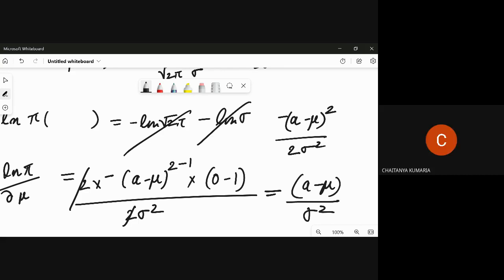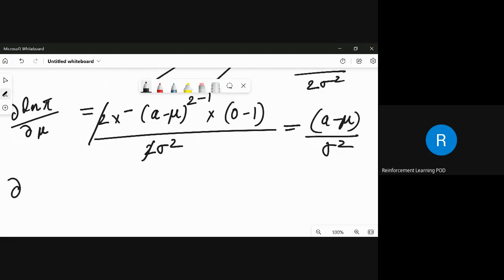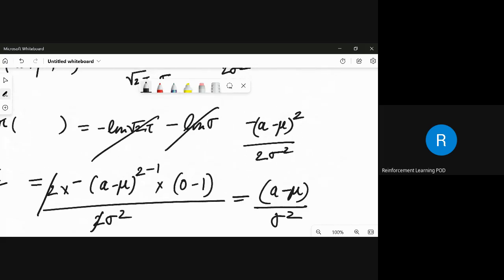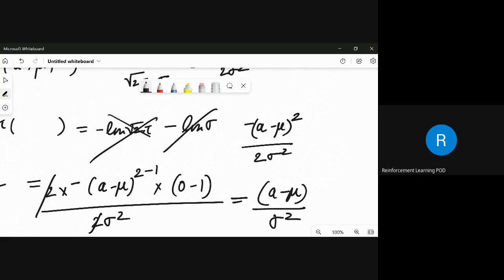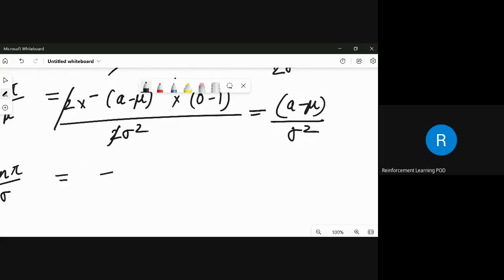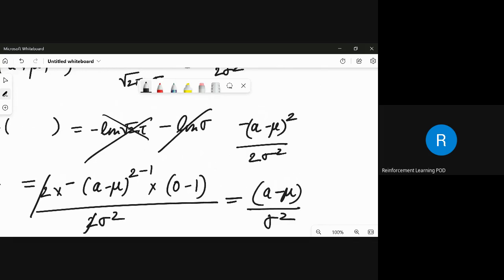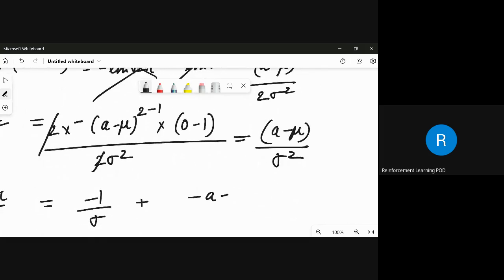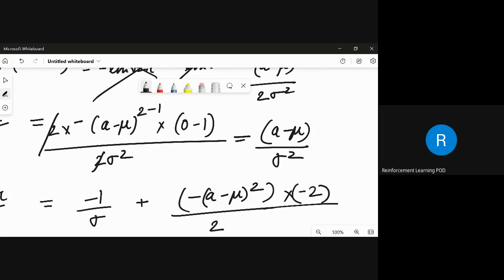All right, now let's also derive the formula for change in sigma. This term will go away, this will not go away, this will become minus 1 by sigma plus, (a minus mu) whole square remains as it is, multiplied by 2 over sigma cube.